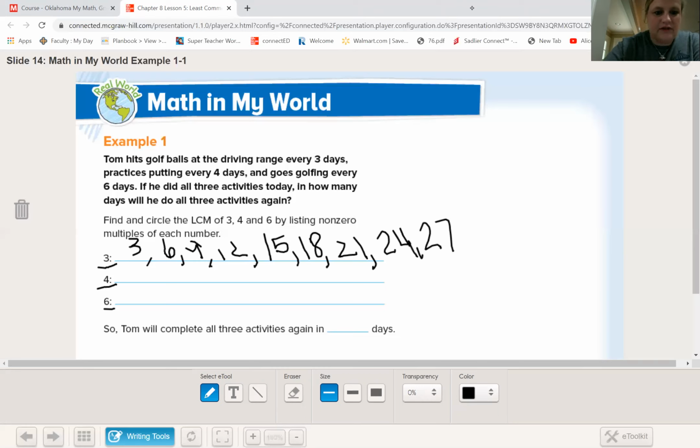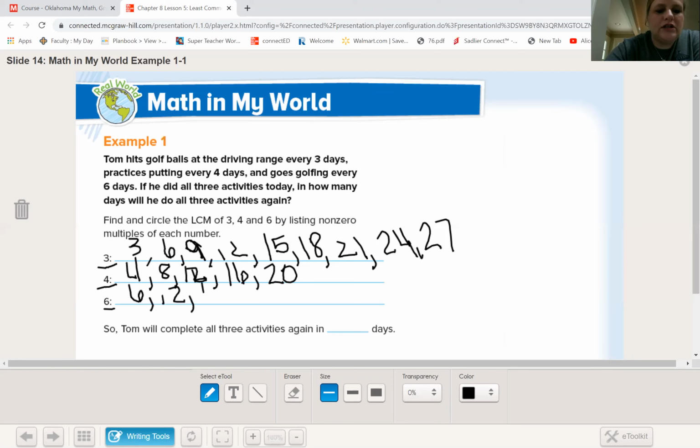Okay, let's stop there. Now let's look at 4. 4 times 1, 4 times 2, 4 times 3, 4 times 4, 4 times 5, and now let's look at 6. 6 times 1, 6 times 2, 6 times 3.